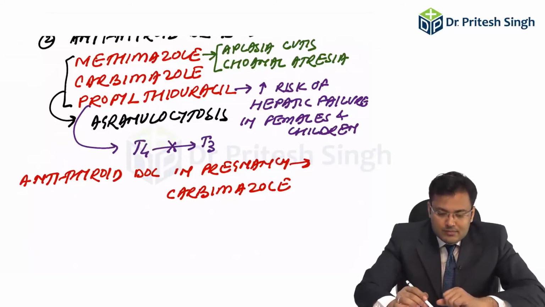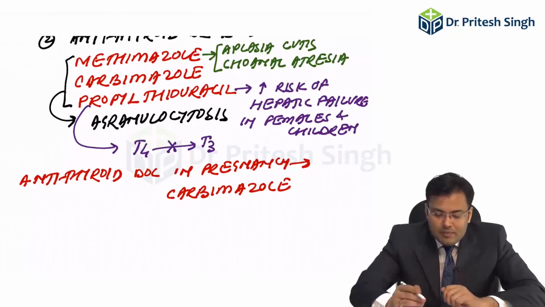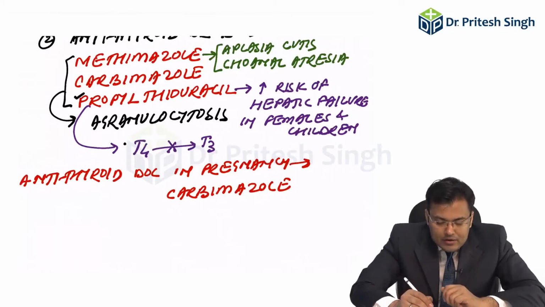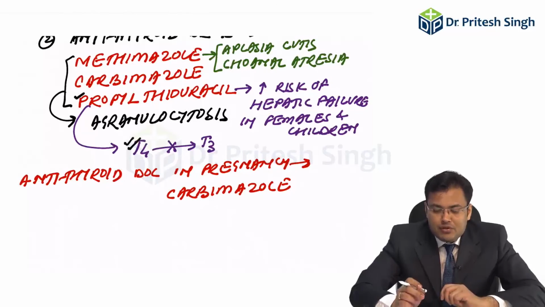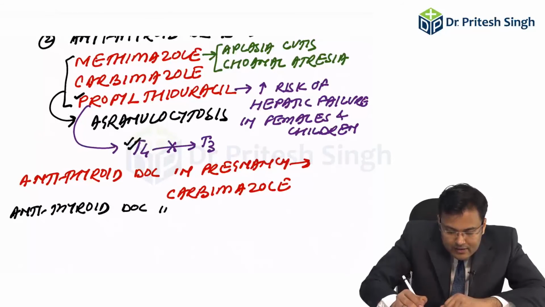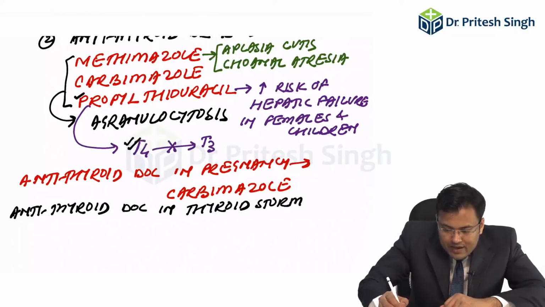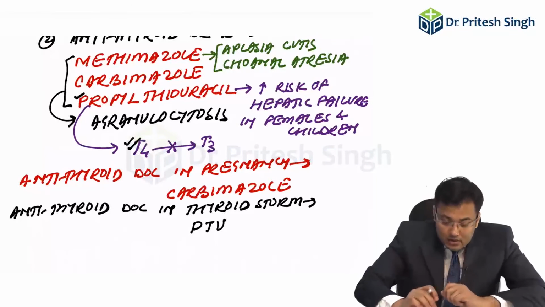After that, second question. Antithyroid drug of choice in thyroid storm. If there is thyroid storm, then the antithyroid drug of choice is propylthiouracil, PTU. Why? Because of this special property: it blocks peripheral conversion of T4 to T3. Third question.